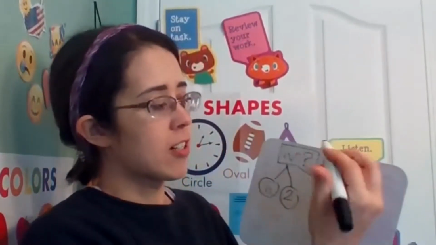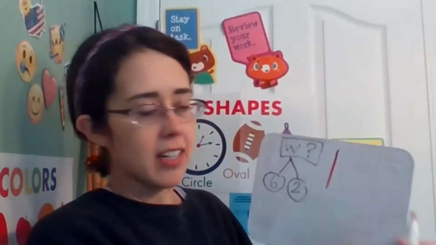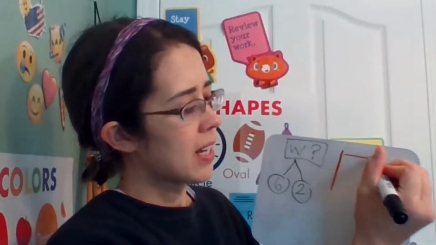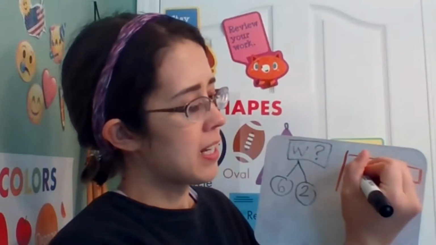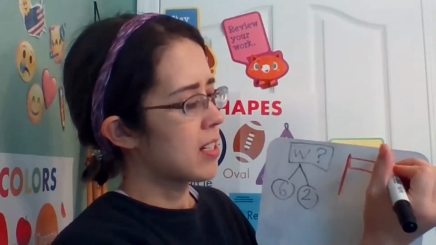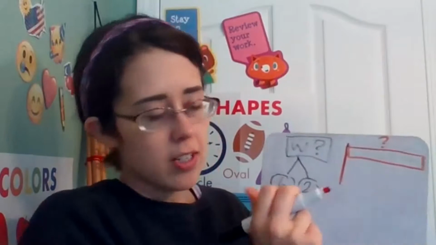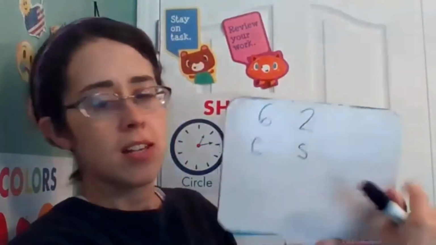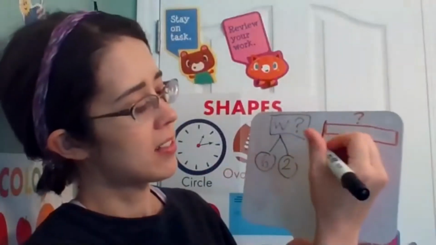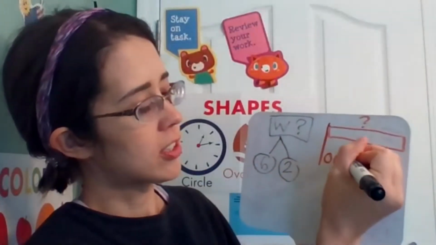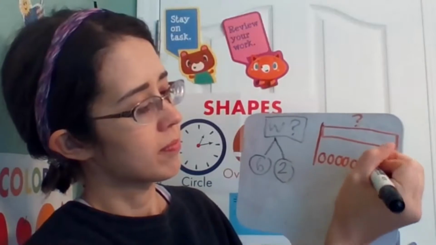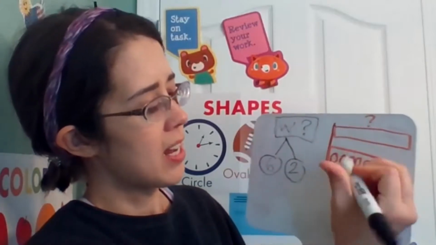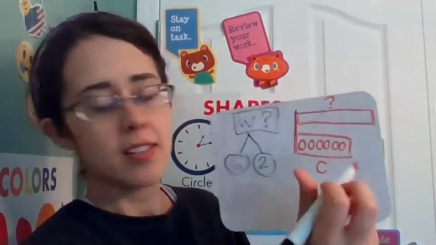Let's draw a tape diagram. Here's my starting line. I'm going to draw a nice big tape diagram to mean my whole, and that's the question mark. Then I have 6 chef assistants, so I'll draw 6 circles. Okay, and I'll put a C for chefs.